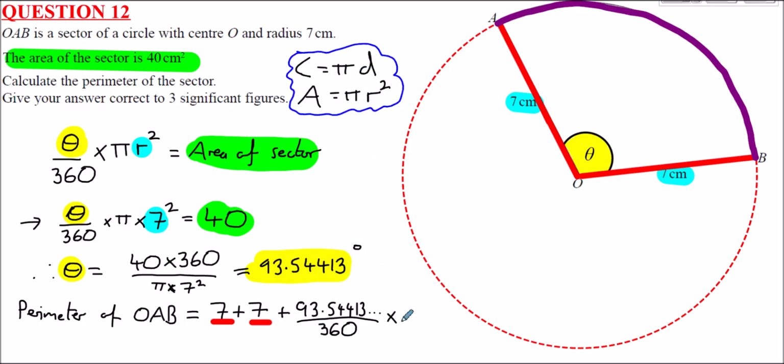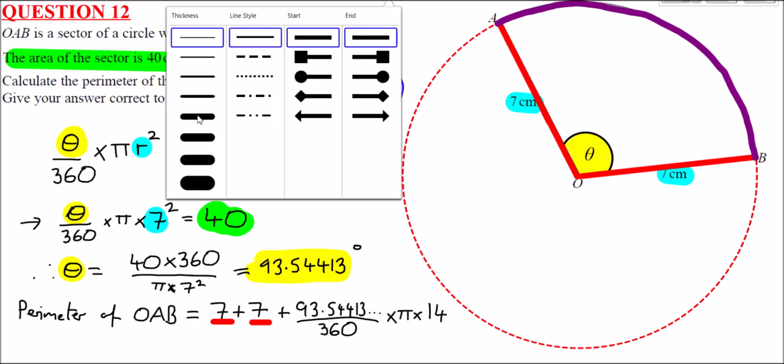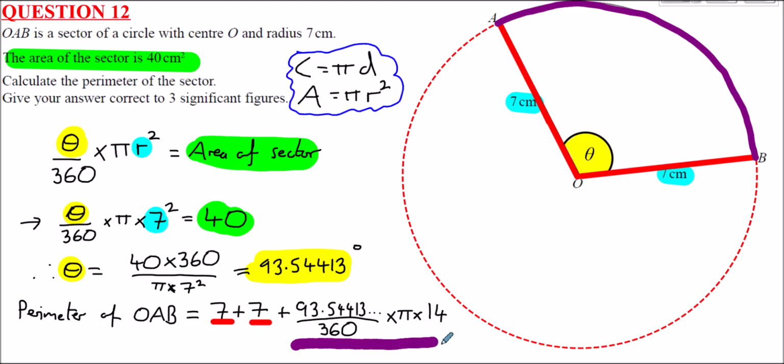So the circumference is pi multiplied by 14. The diameter of the circle is always going to be double the radius, double 7, we get 14. And so that's how we come to understand where these values come from. So two lots of 7, 7 plus 7, and this bit here is this fraction of the full circumference.